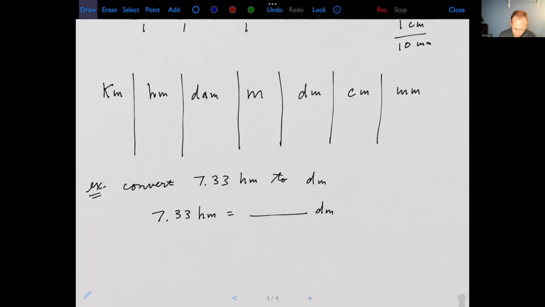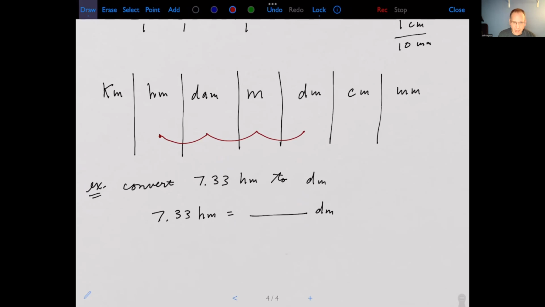So how do I do that? Well, in this case, with the shortcut, I start on the table at hectometers, because I'm beginning at hectometers. So I'm starting right here. Now the question is, what do I need to do on the table to get to decimeters? Well, if I start at hectometers, I need to move 1, 2, 3 places to the right.